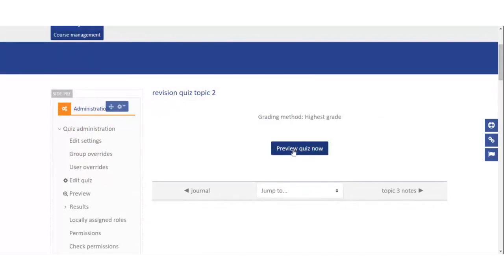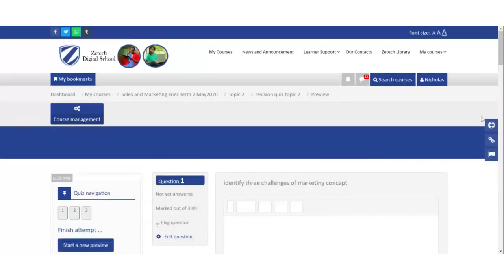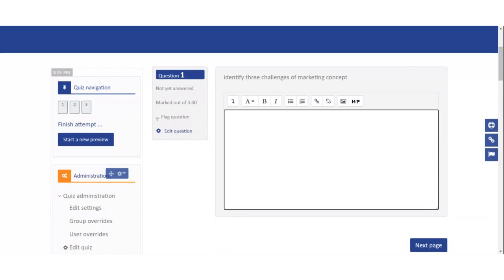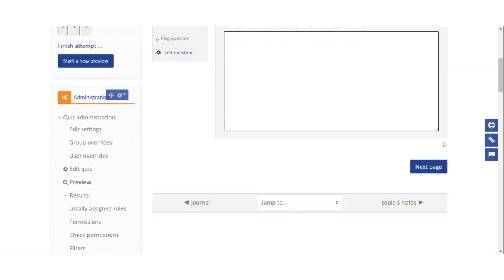It's not like the CAT. You just come and preview the quiz and identify 3 challenges of marketing concept. You put your answers down here and then you go to the next question.